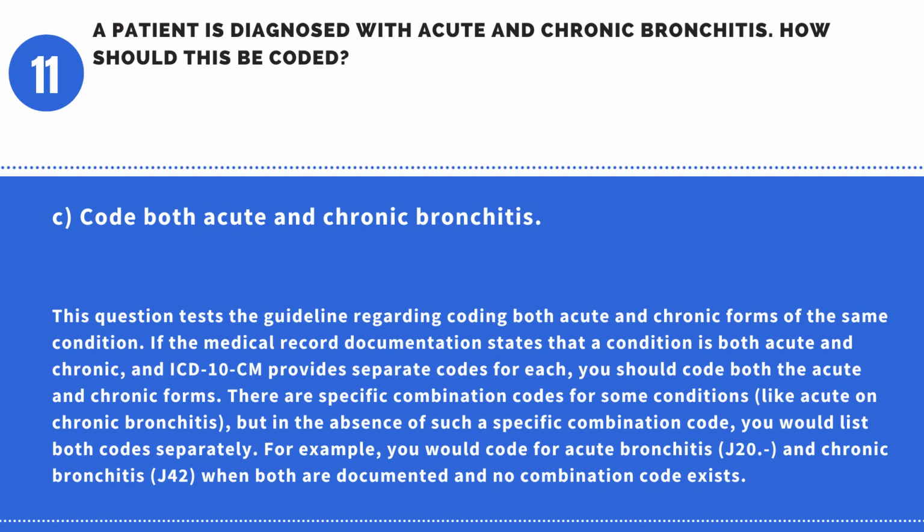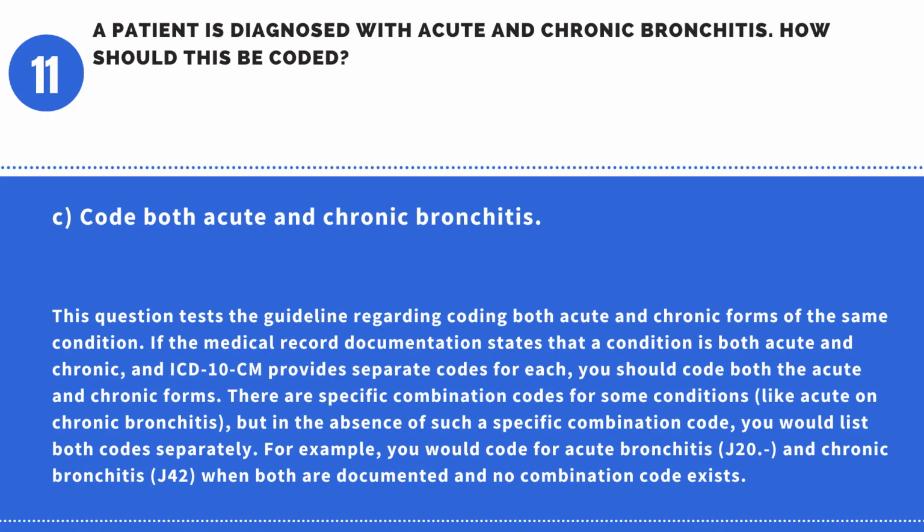Answer: C. Code both acute and chronic bronchitis. This question tests the guideline regarding coding both acute and chronic forms of the same condition. If the medical record documentation states that a condition is both acute and chronic, and ICD-10-CM provides separate codes for each, you should code both the acute and chronic forms.